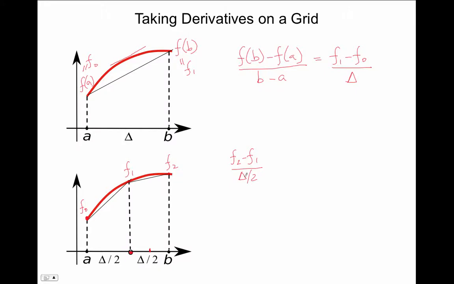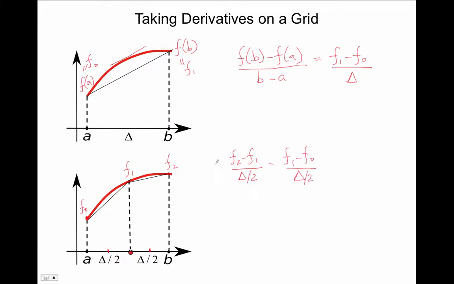And that's this derivative. Let's take the derivative between a and a plus delta by 2, and so let's take the derivative over here. If we take their difference, that will be f1 minus f0, and again divided by delta by 2.